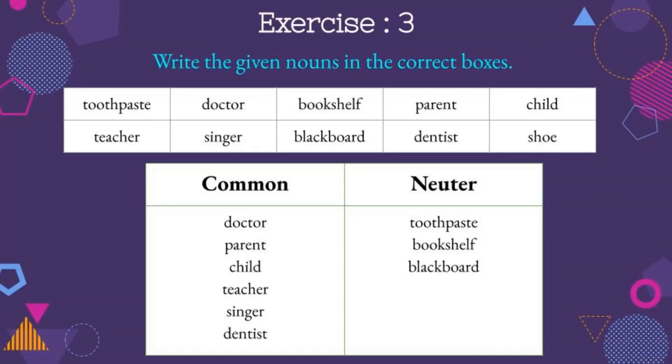Dentist also belongs to common gender box because the dentist is a doctor. So dentist can be male and female. So we should write the noun dentist in the common gender box. And the next word is shoe. Shoe is an object, we know very well that. So it belongs to neuter gender box only. Write the noun shoe in the neuter gender box.